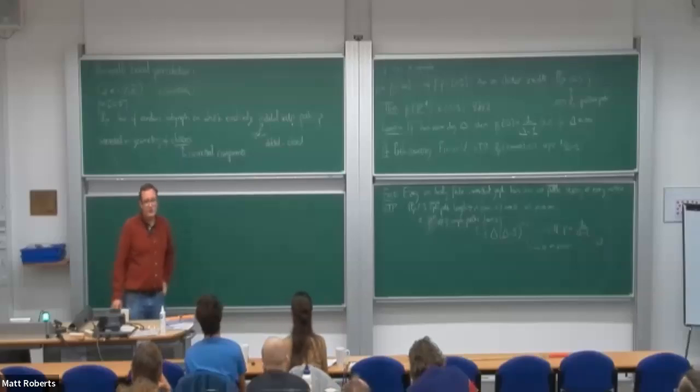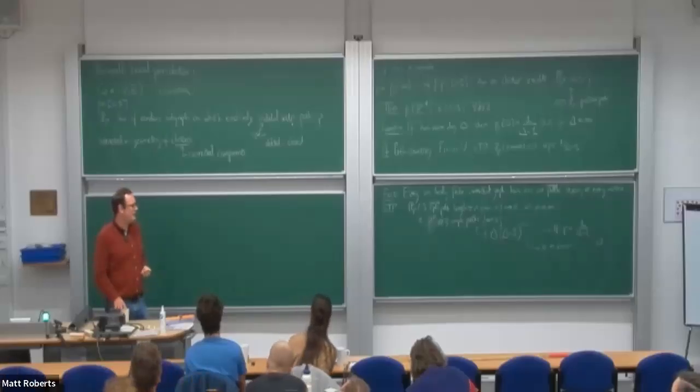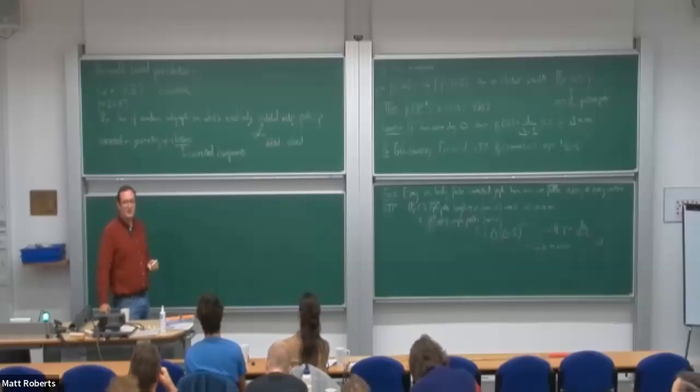So what we're going to do is to use an argument due to Rudolf Peierls. I think this was from the 1930s, so it actually predates the study of percolation. Peierls was working with the Ising model.